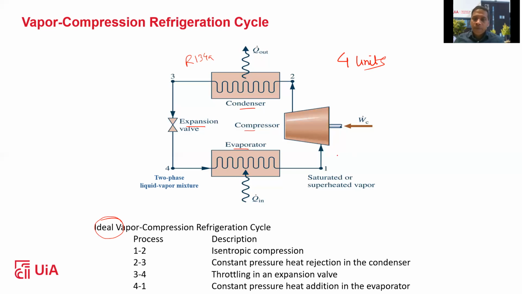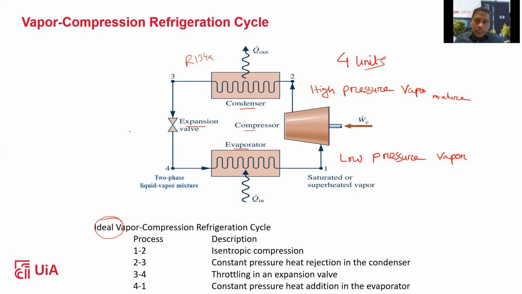So if I say this is a low pressure vapor mixture, when it passes through the compressor, you generate the high pressure vapor or vapor mixture.